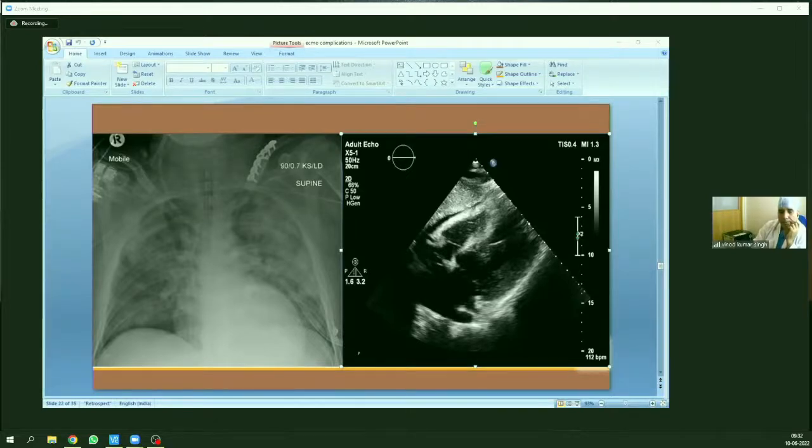Is it moving, sir? No. It's not moving. We can project the slides from here if you want. Can we project the slides from here?